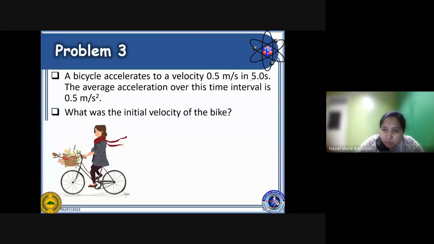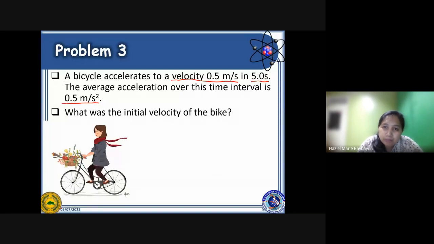We are given the time, and then the final velocity, which is 0.5 meters per second. And then we are given the constant acceleration, which is equal to 0.5 meters per second squared.